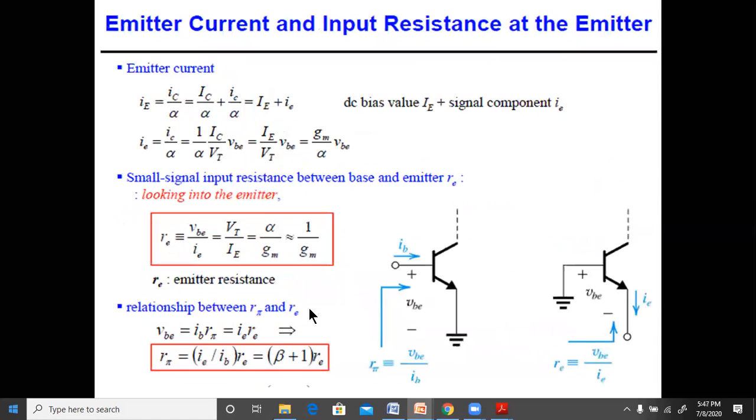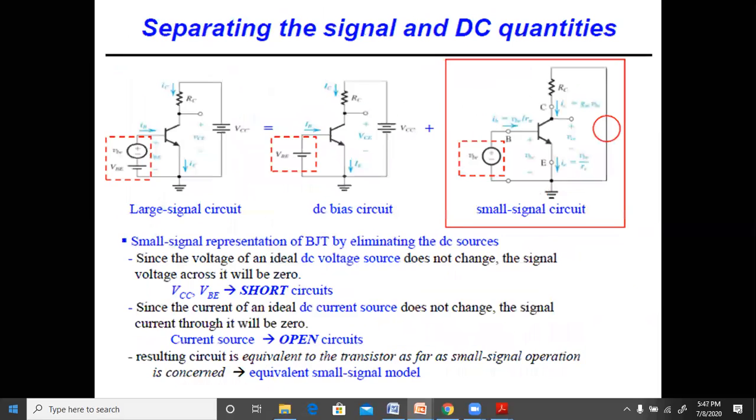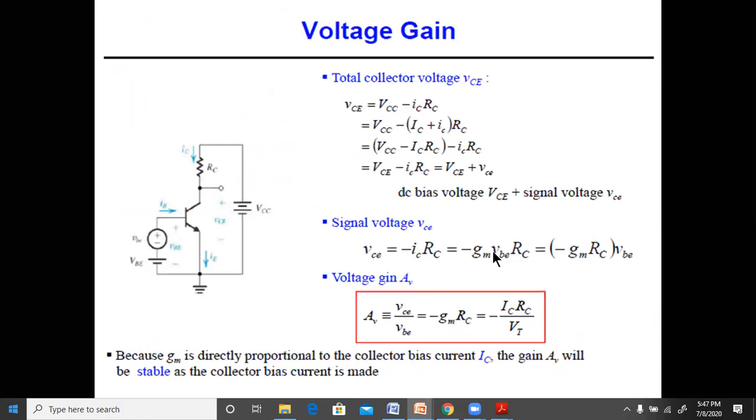We are just replacing the same thing, writing in place of ic, gm vbe with a minus sign as it is, and RC over here. Hence vce by vbe will be equal to minus gm into RC.